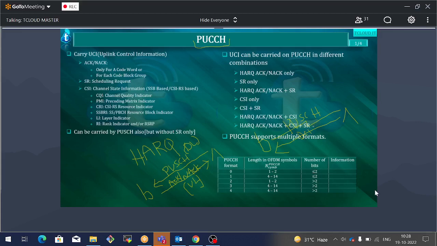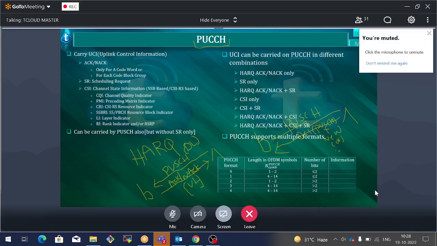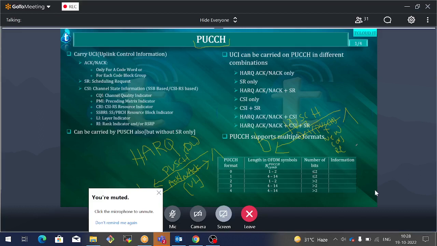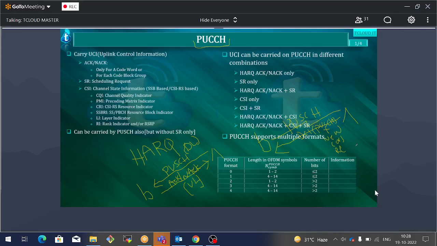In the DCI, the gNodeB will again configure PUSCH resources for the subscriber, PUSCH resource blocks. Along with that, it will give an indication in the DCI itself whether the PUSCH that it is allotting is actually for a new transmission or a retransmission. New or re, it will convey. So it is not carried on some special channel like PUCCH in this case. It's coming along with the DCI.